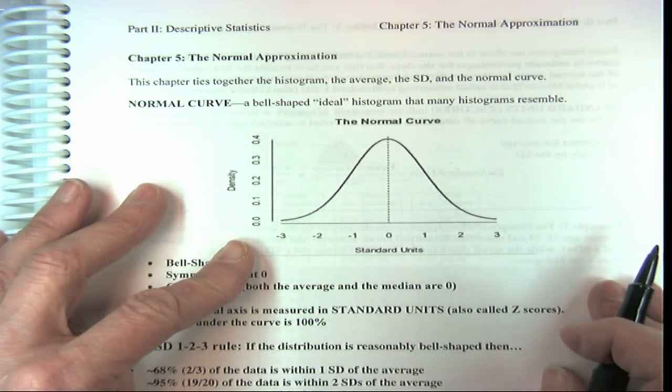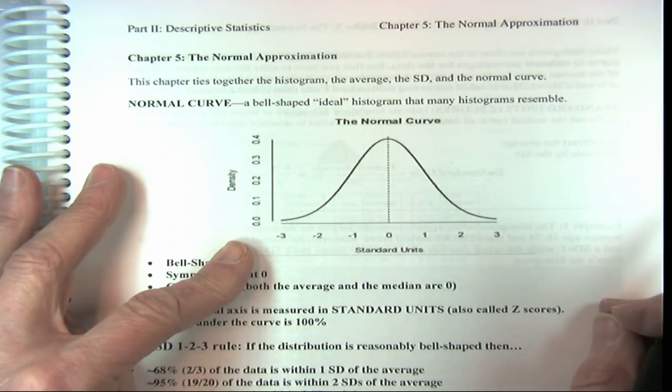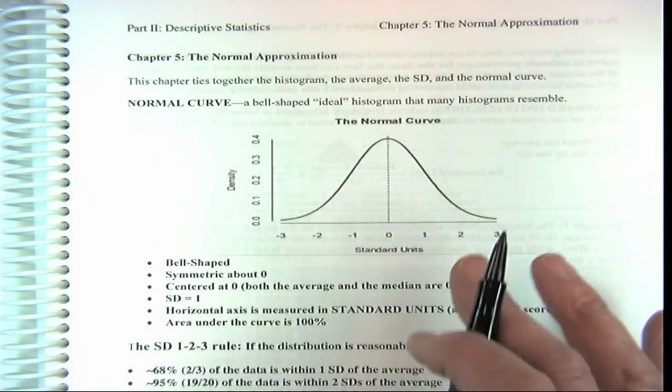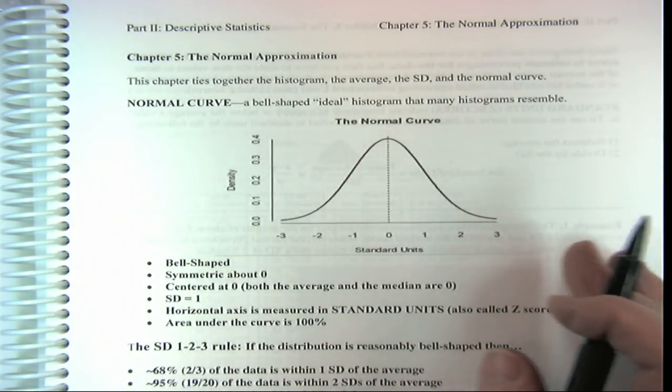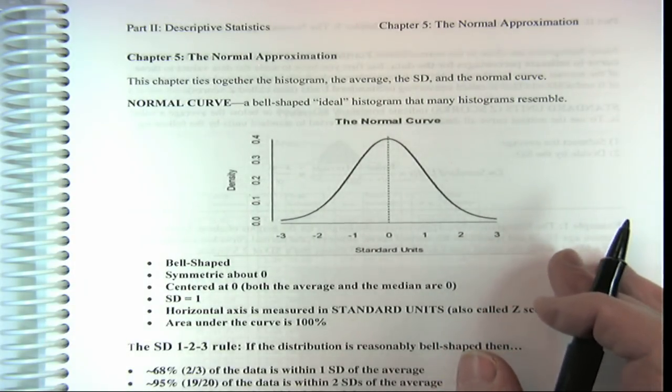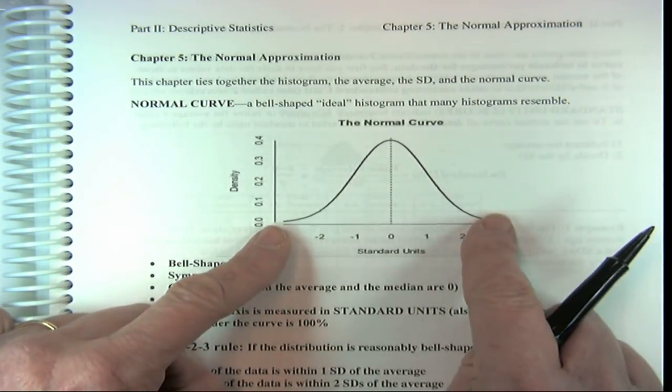No matter what your initial population is, when you take a sample from it and take its average, and do that over and over again, this is the distribution of the averages.